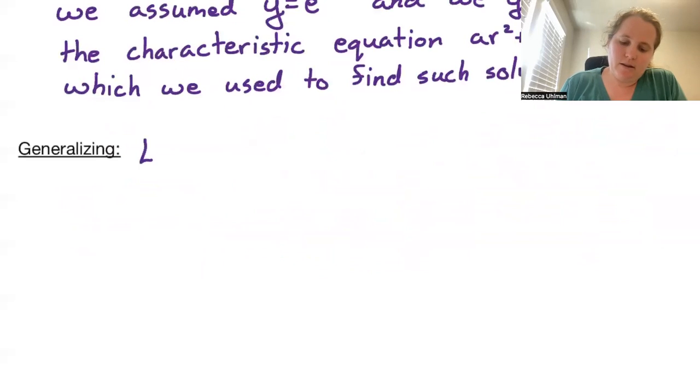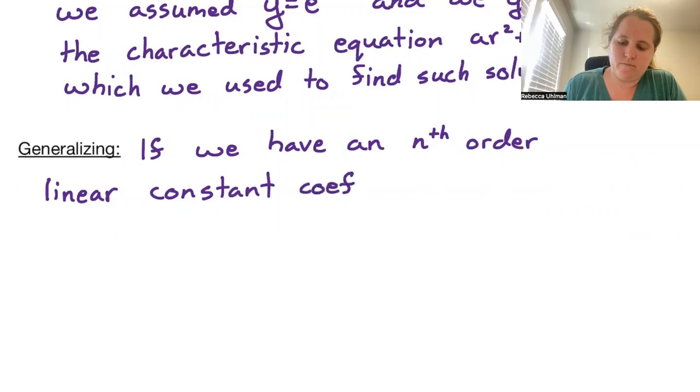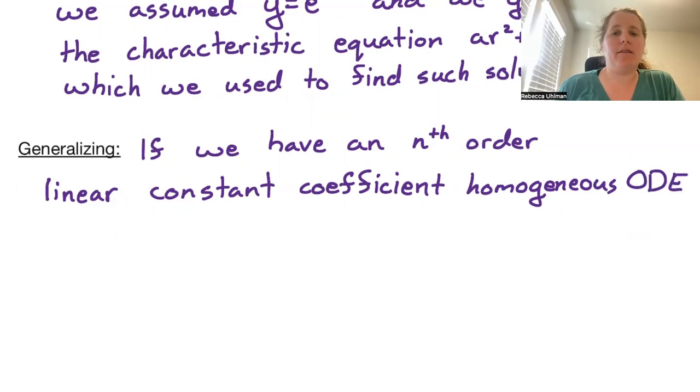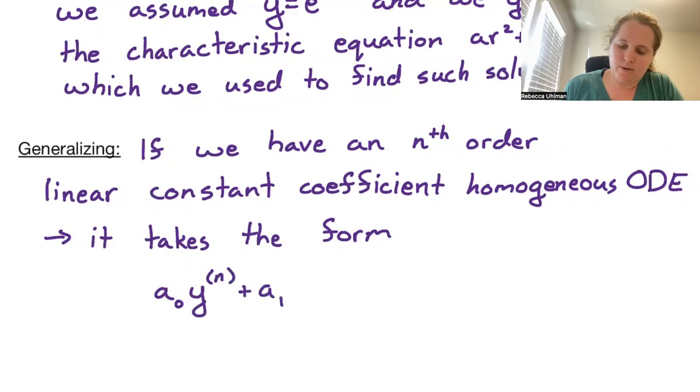So if we have an nth order linear constant coefficient homogeneous ODE, then it takes the form a naught times the nth derivative of y plus a sub 1 times the n minus first derivative of y plus all the way down to a sub n times y equals 0.